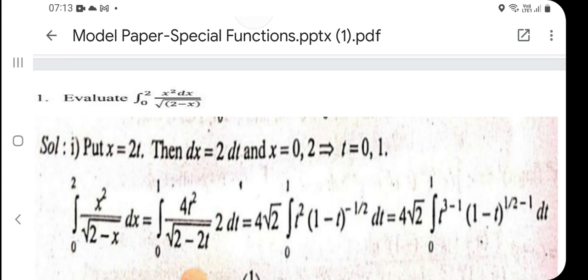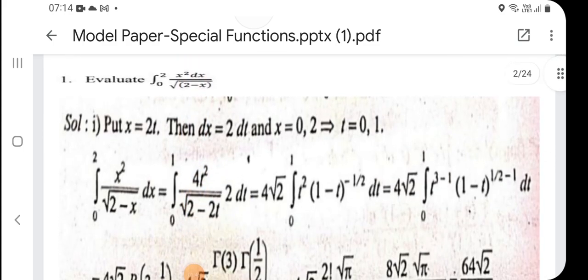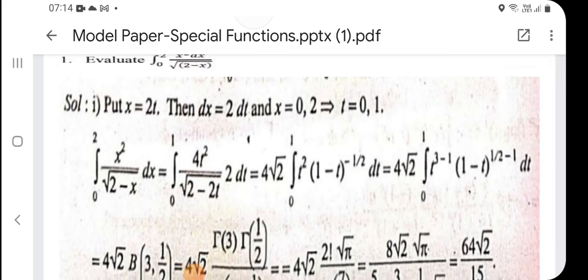Now this t square can be written as t to the power of 3 minus 1. Similarly, this 1 minus t whole to the power of minus half can be written as 1 minus t whole to the power of half minus 1 dt. Now it is in the standard formula, integral 0 to 1 t power m minus 1 into 1 minus t whole power n minus 1, that is nothing but beta m comma n.